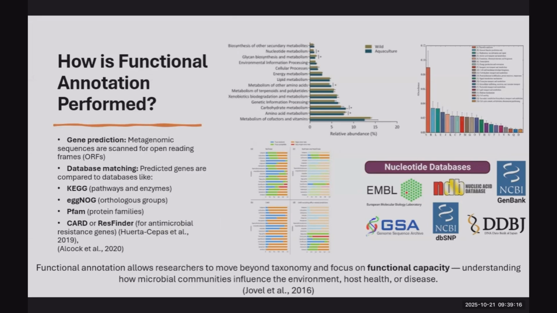Database matching: the predicted genes are compared to databases like KEGG, eggNOG, Pfam, CARD, and other databases. And then you can do the functional annotation, like biosynthesis of secondary metabolites, glycan biosynthesis and metabolism, and so on. There are several levels of information you can obtain by functional annotation enrichment.